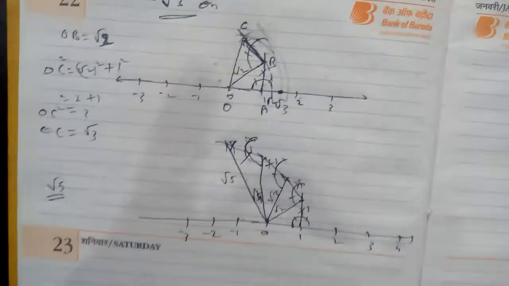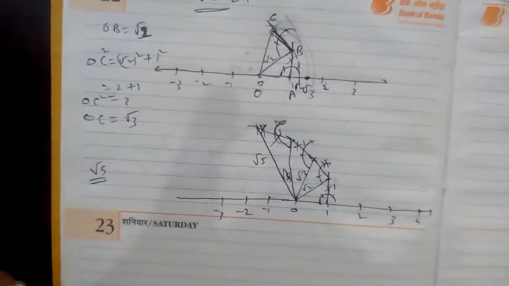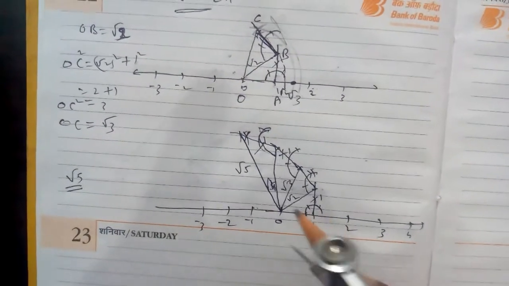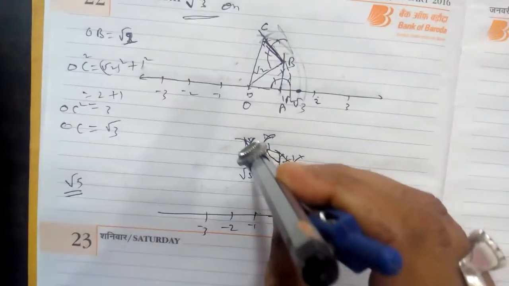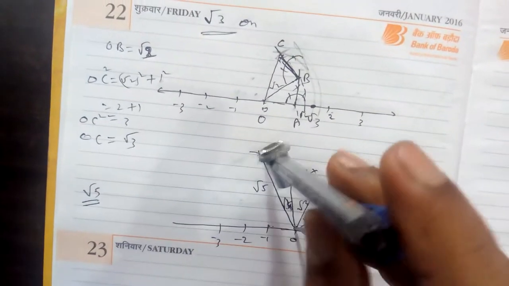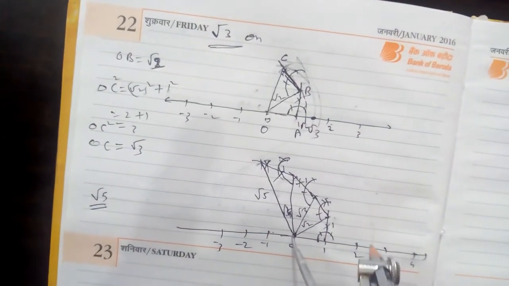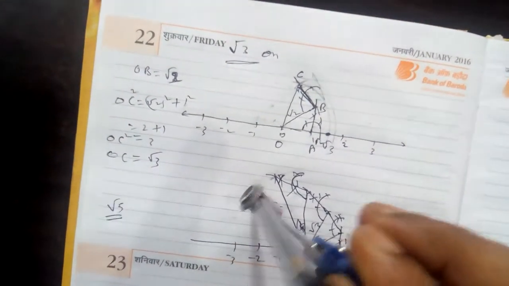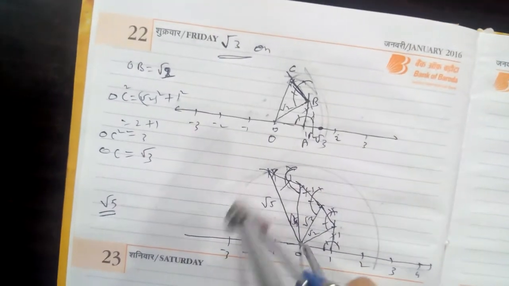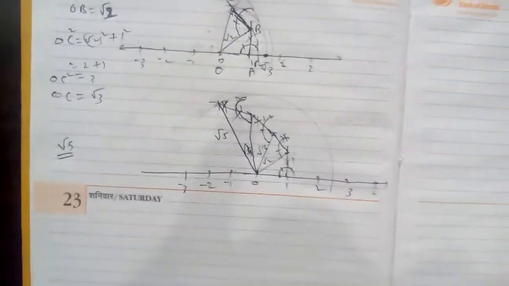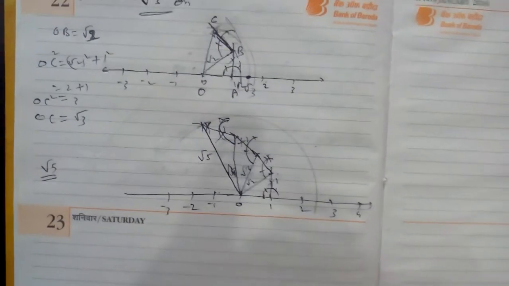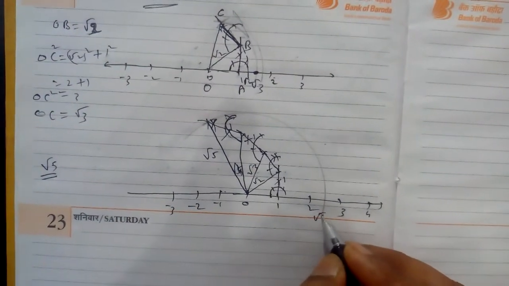Only 1 centimeter you cut. Now take the compass and from here it is root 5. Root 5 you are getting at this place. Where? Between 2 and 3.